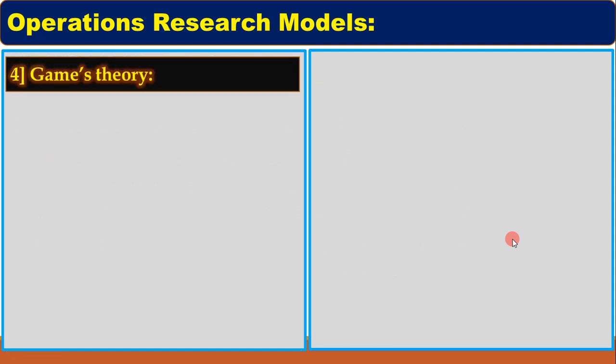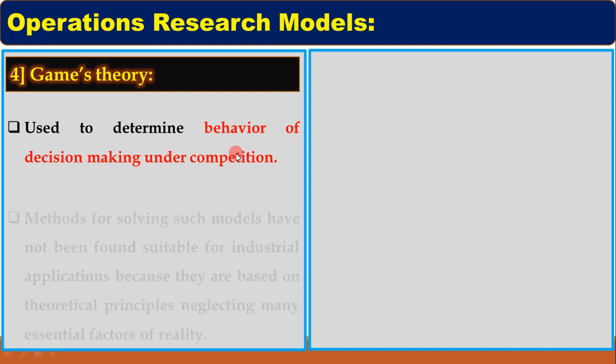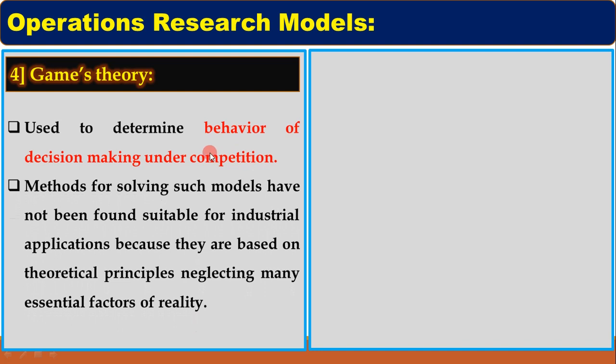The fourth model is games theory. It is used to determine the behavior of decision making under competition, but this model is not used in the industrial applications because this model is based on certain theoretical principles in which many very important factors are neglected, which are important from a reality.